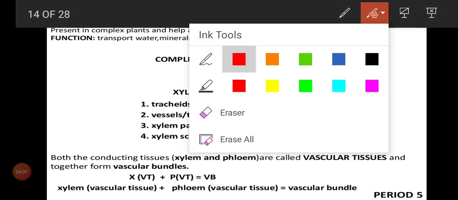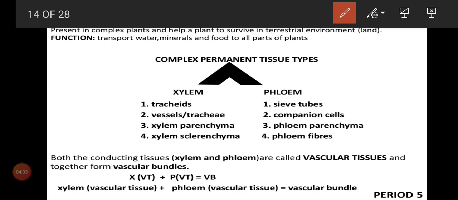The main function of the complex permanent tissue is to transport water, minerals and food to all parts of the plant. Don't ever forget, children, it will transport water, minerals, food to all parts of the body.